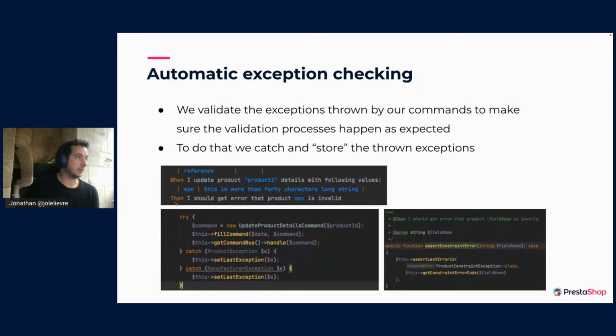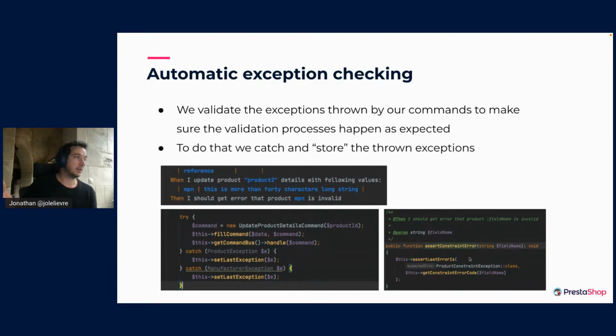And then this step in MPN is actually executing this script, which checks that the last exception that we have caught was the expected field type, and it's about the field that we were validating. So that's basically how it was working until then.